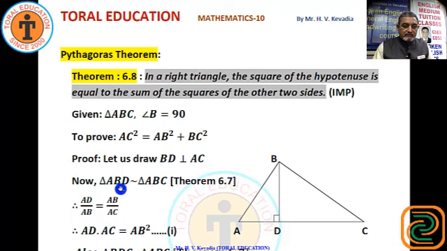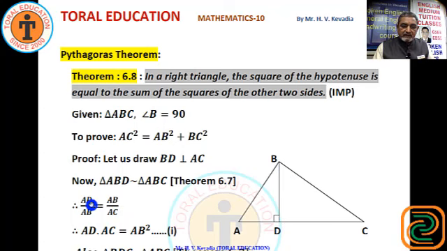Now triangle ABD is similar to triangle ABC, theorem 6.7. In 6.7 we have proved that triangle ABD is similar to the whole triangle ABC, because BD is the perpendicular drawn from the right angle.